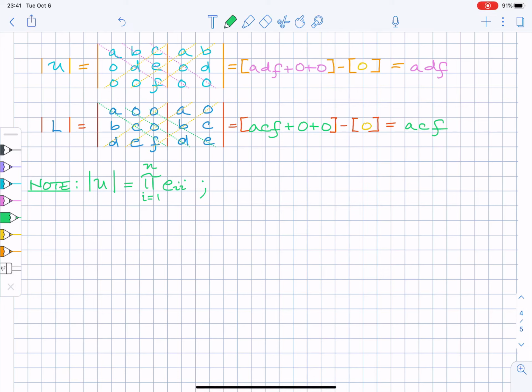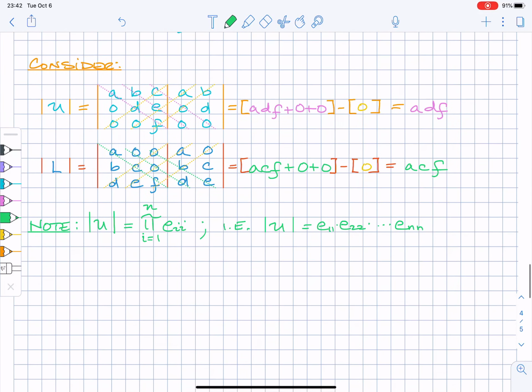So that is, i.e., the determinant of an upper triangular matrix is entry 1, 1 times entry 2, 2 times ... times entry n, n. It's all the diagonal entries multiplied together.